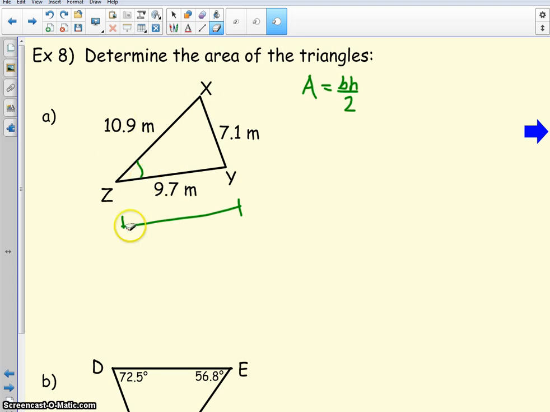I would have to use cosine law, which can be a bit of a painful process, but we have done it before. If I want to solve for angle Z, the side across from Z is 7.1. So 7.1 squared. My other two sides are 9.7 squared and 10.9 squared.